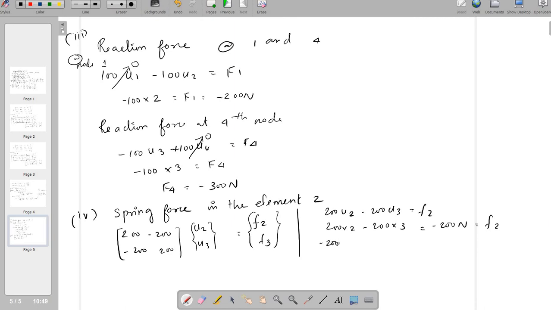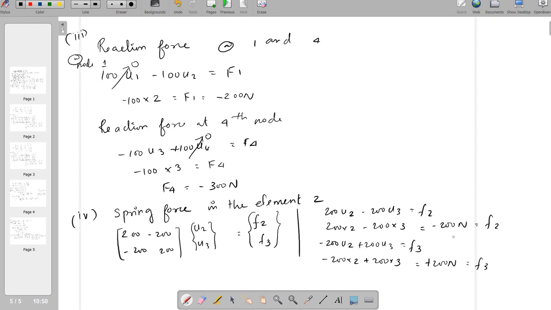In the same matrix, the next equation: minus 200 U2 plus 200 U3 equal to F3. So minus 200 into 2 plus 200 into 3 is positive 200 Newton, which is F3.